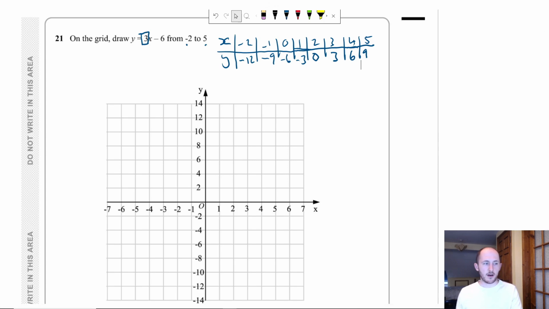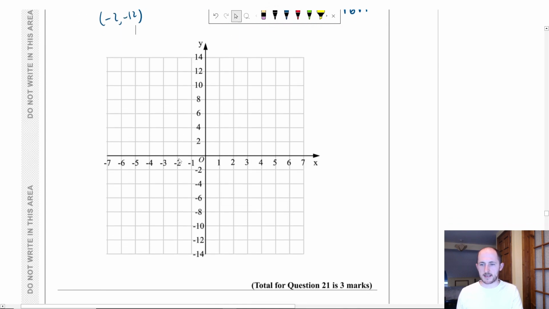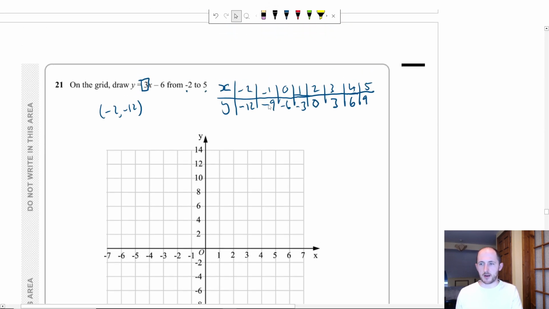Okay? Now all we need to do is translate this onto the graph. So each of these makes a pair of coordinates. So that first value is just minus 2, minus 12. So go to minus 2 on my x-axis, go all the way down to minus 12. Just like that. The next one will be minus 1 and minus 9.